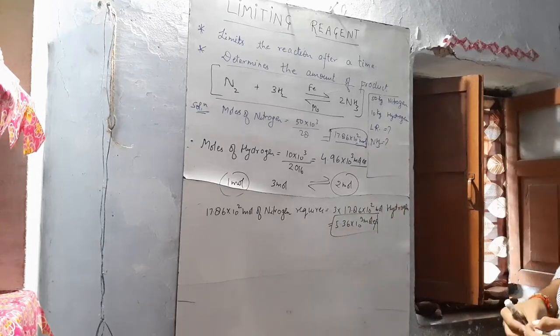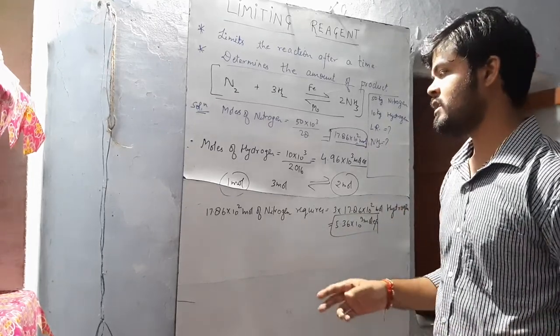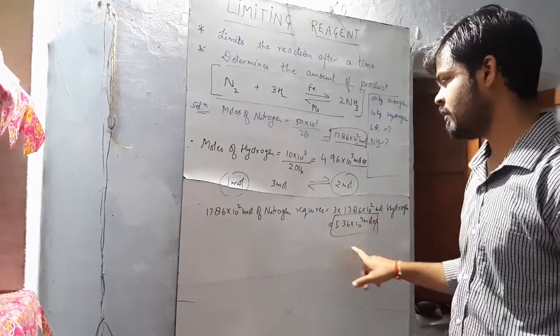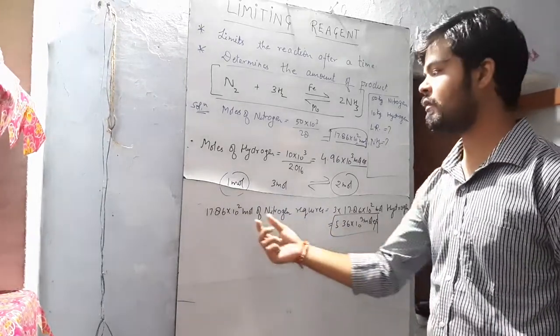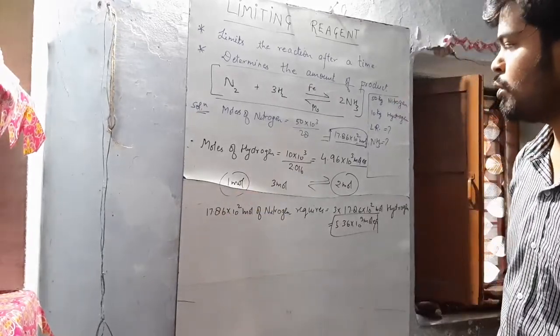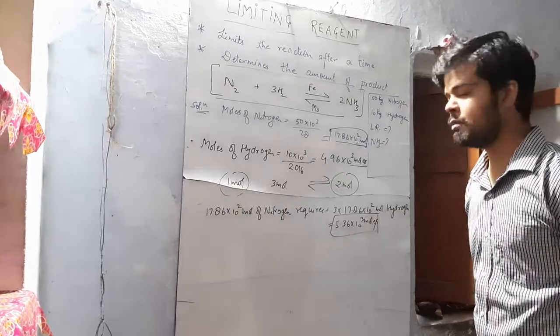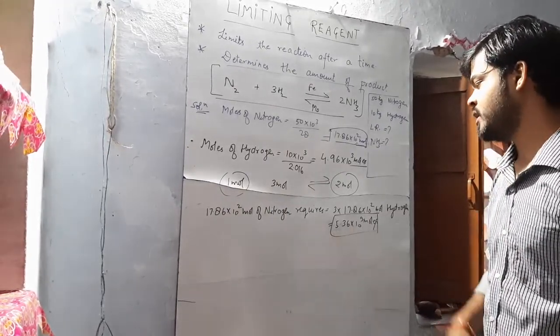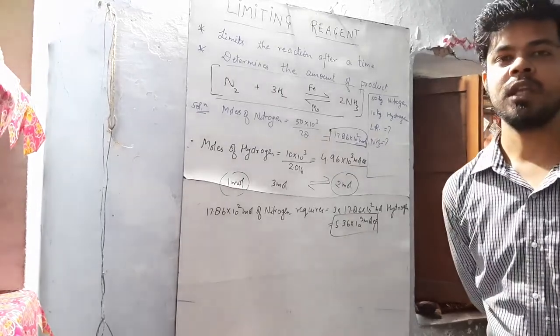So what we have done here, we have just calculated the amount of hydrogen that we need to react with 17.86 into 10 power 2 moles of nitrogen, and the amount of hydrogen that comes out to be here is 5.36 multiplied by 10 power 3 moles. Clear?